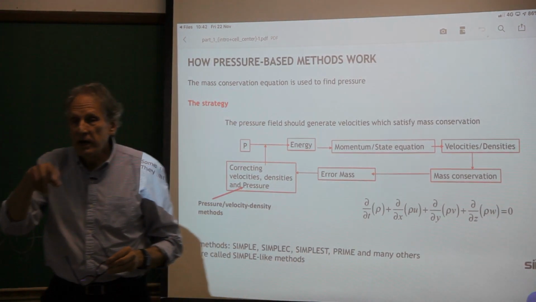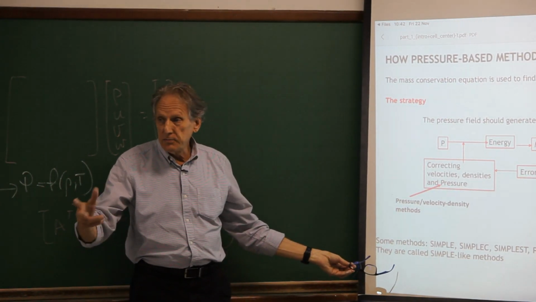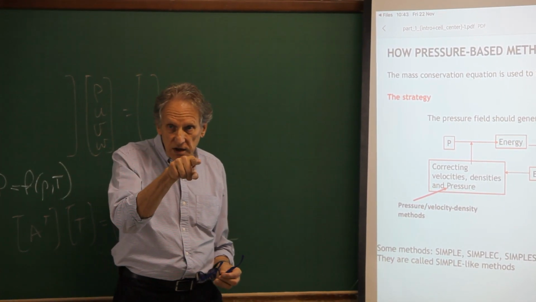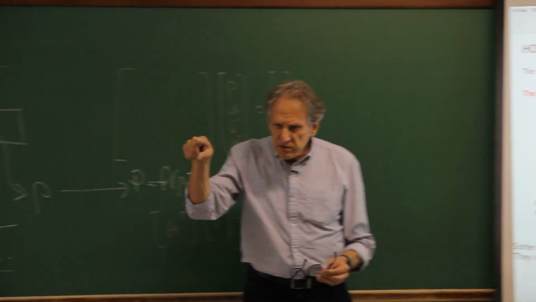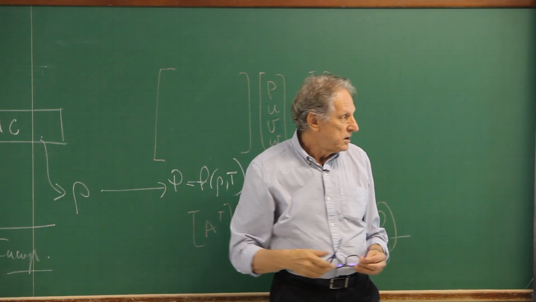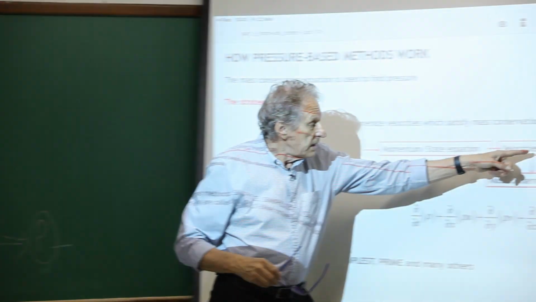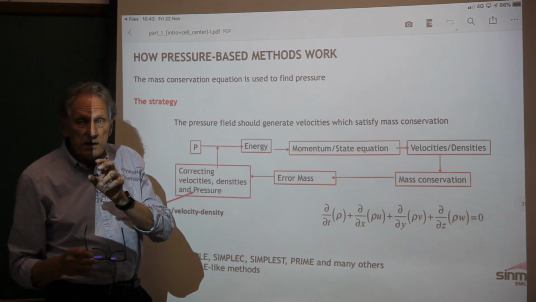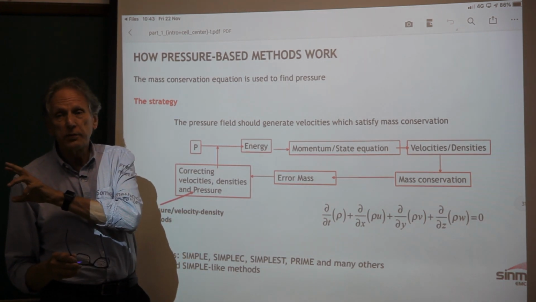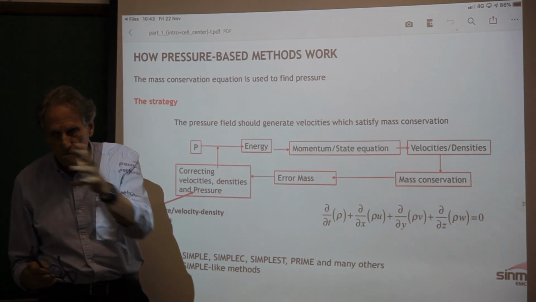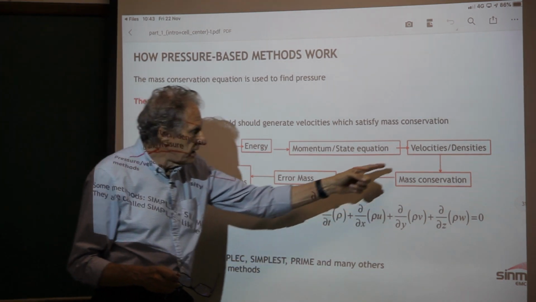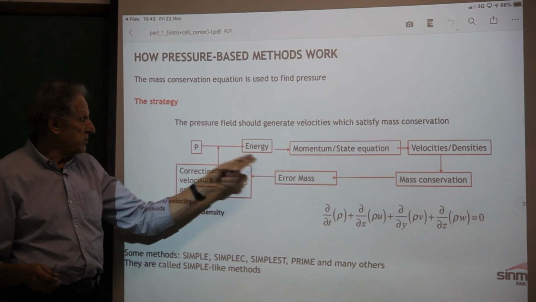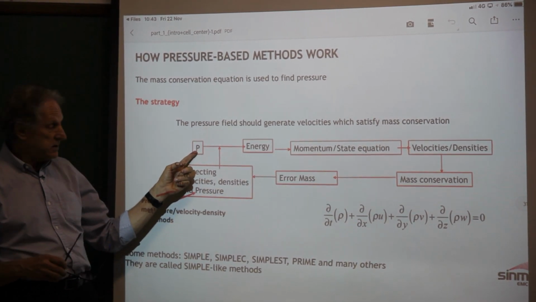Then comes the very well known SIMPLE, SIMPLEX, all the algorithms that you know, where velocity is written as a correction equation in terms of pressure. And then the algorithm for pressure density coupling writes density as a function of pressure. Density as a function of pressure means compressible flow. And then you put all this in the mass conservation. There is an error because you don't know if this pressure field is correct.